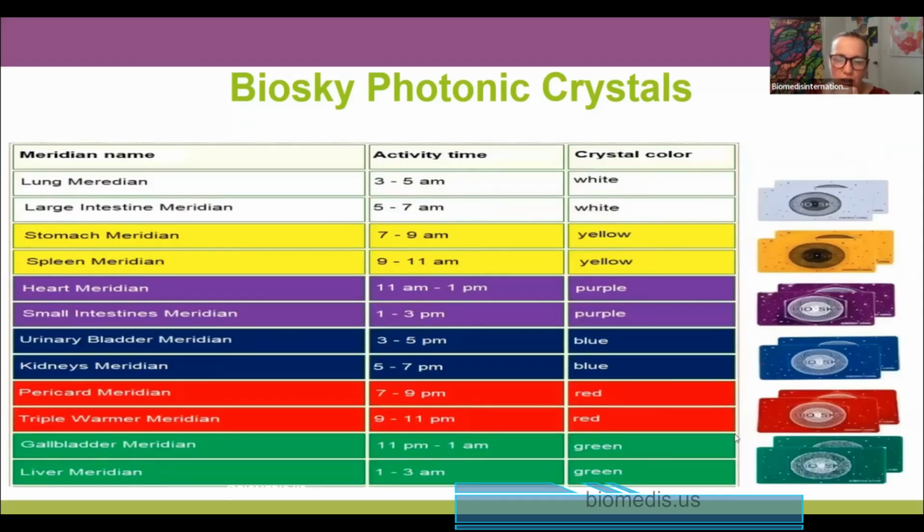I have this chart that gives you a good key to which card at what time you need to use to effectively support each organ.